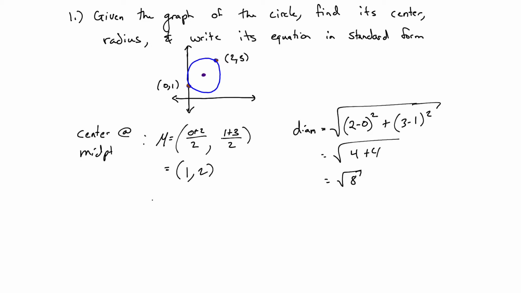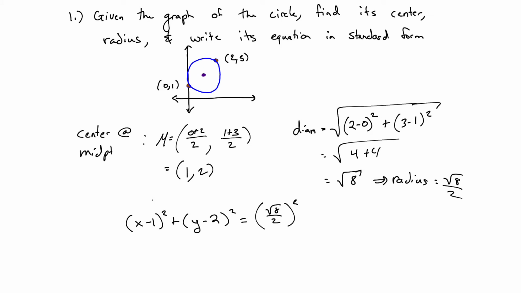So our radius is going to be square root 8 over 2, which technically would be square root 2, but we don't need to worry about that. What we'll do is find the equation in standard form, so (x − h)², so (x − 1)², plus (y − k)², which would be 2 in this case, equals the radius, square root of 8 over 2, squared.